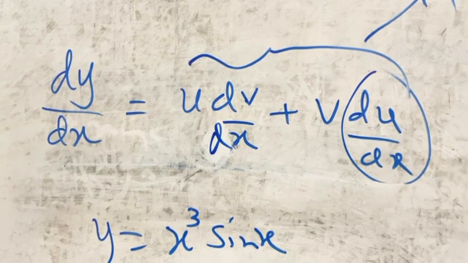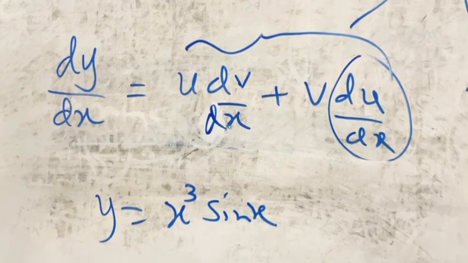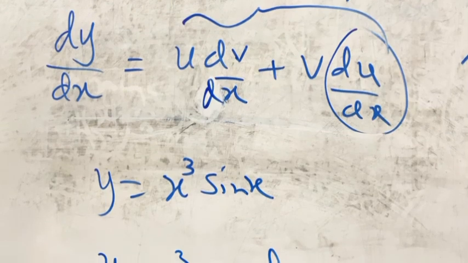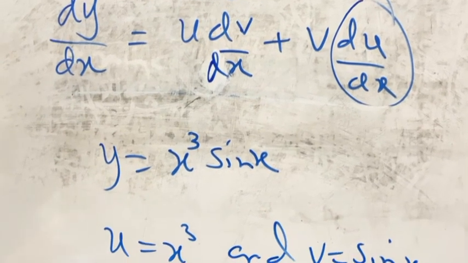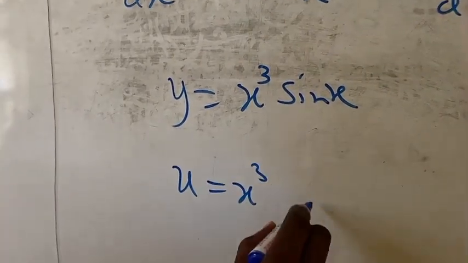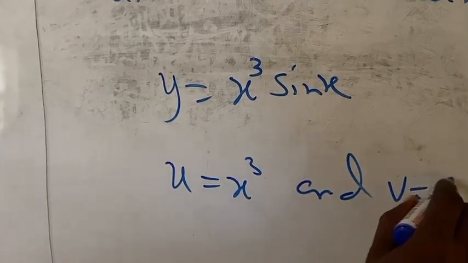In this case of y equals x cubed sine x, we could say that our u equals x cubed and our v equals sine x.